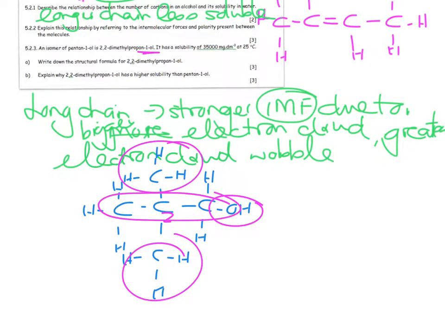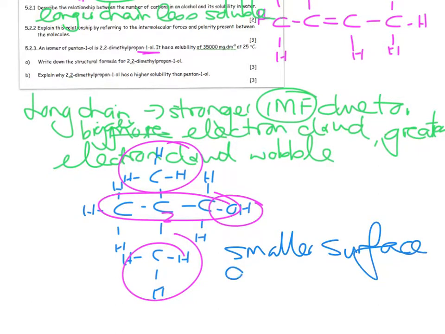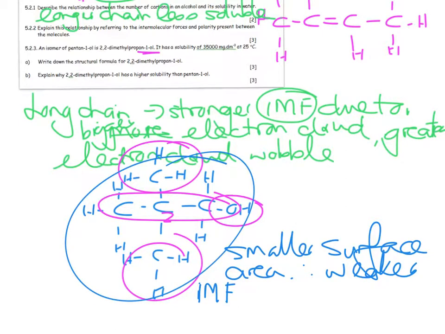Explain why it has a higher solubility, and it links to the fact that it's got a smaller surface area. Therefore, weaker intermolecular forces, because there are fewer points of contact for intermolecular forces with a smaller surface area than a long chain of pentanol, and therefore more soluble.